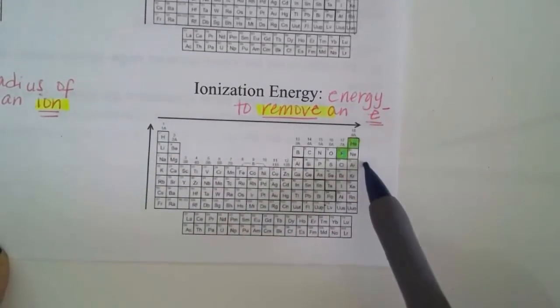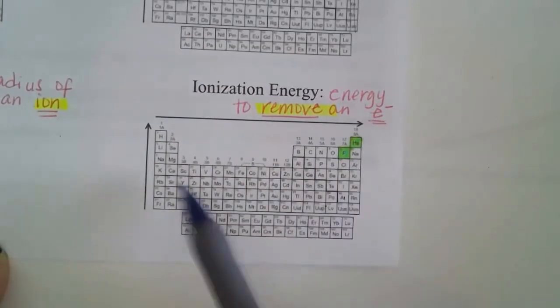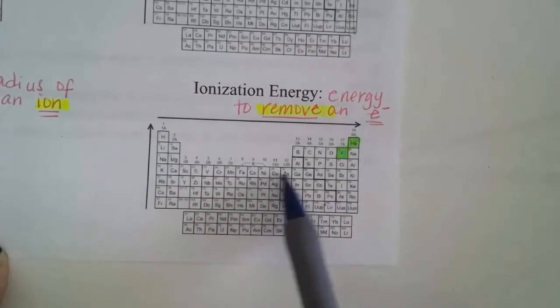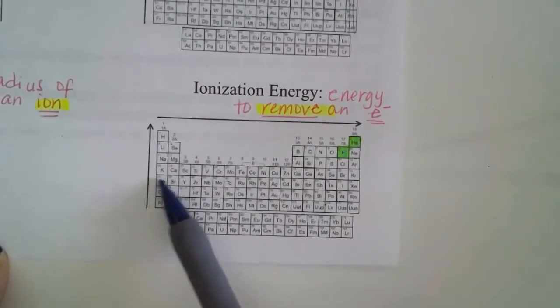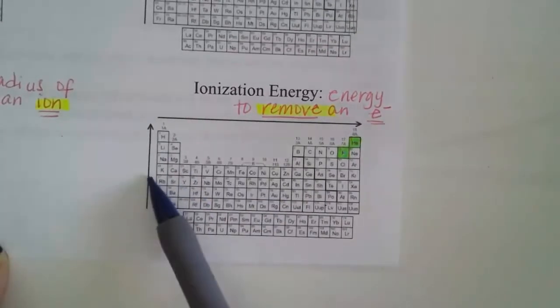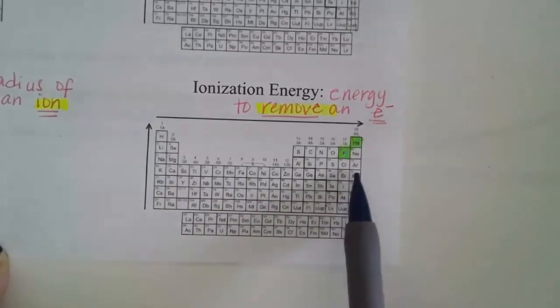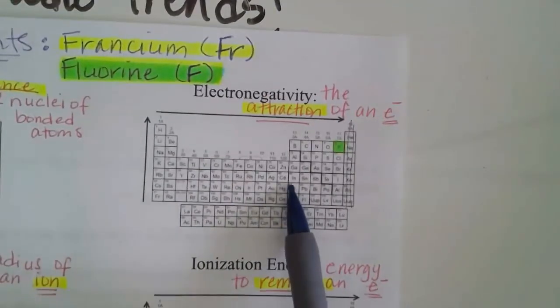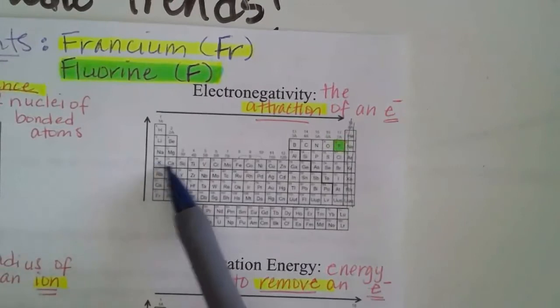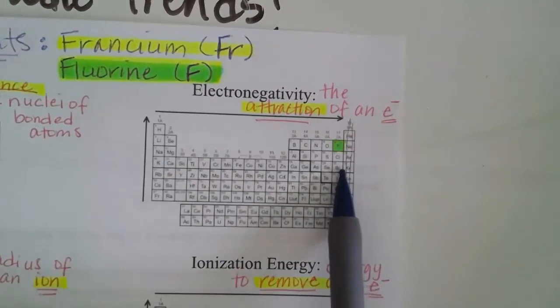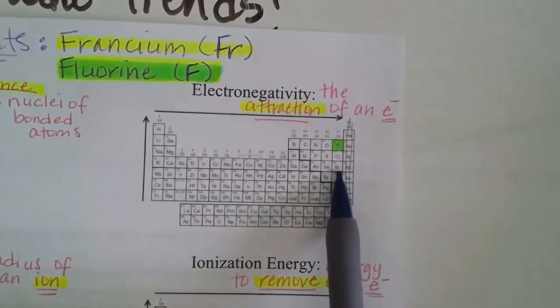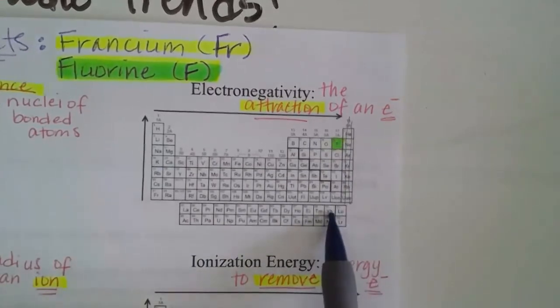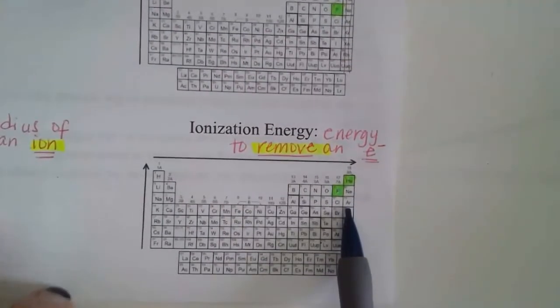So as you go from left to right, the energy to remove an electron increases, just like in electronegativity. As you go from left to right, the attraction of an electron increases, except you stop at the halogens here, you stop at the noble gases here.